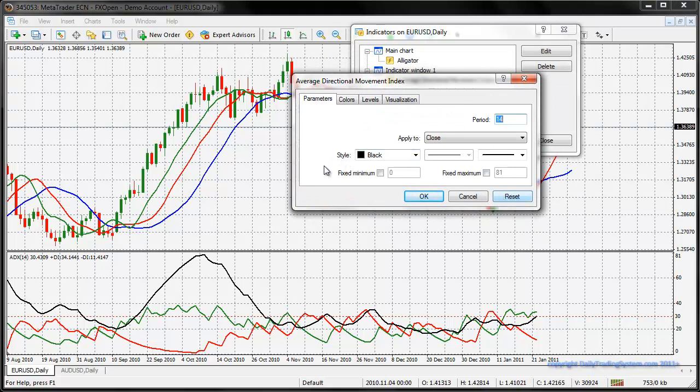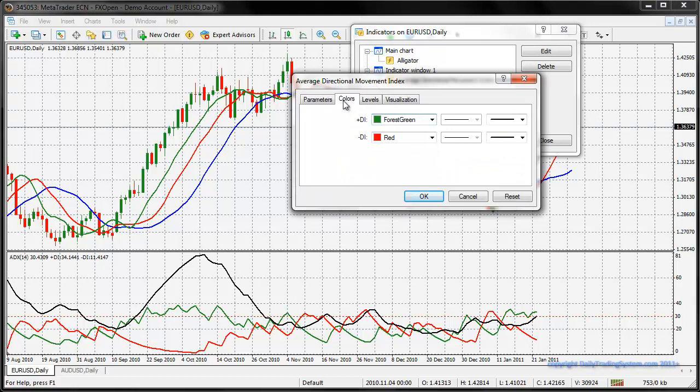If you click on the reset button, all the colors are going to change. Depending on the color of your background and what have you, this will be your ADX line, which is this one here, and that's a representation of the strength of how much power is really behind that momentum, that market sentiment.